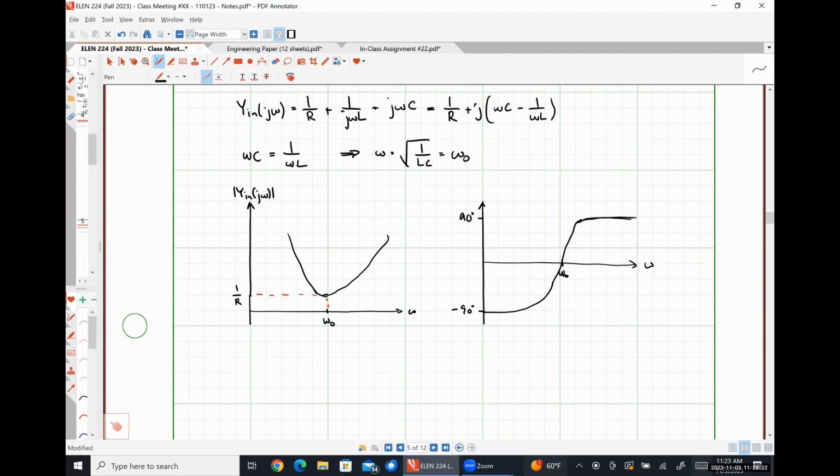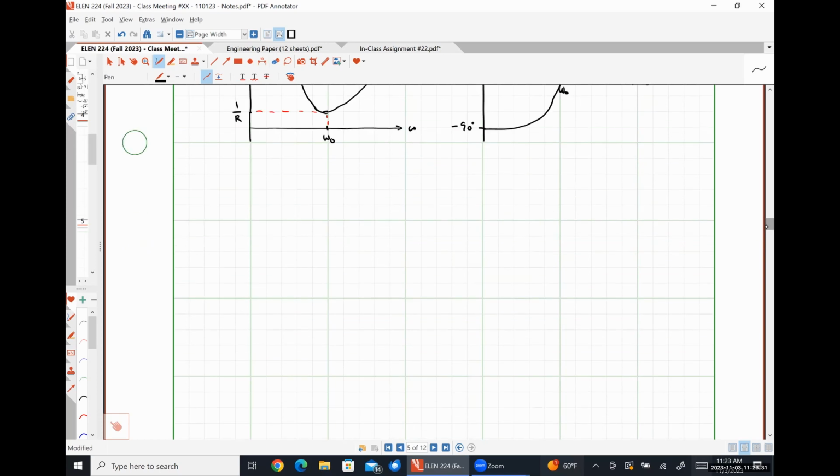Now let's take a moment and derive what our Q factor should be for a parallel RLC network. Okay. We're going to do this very similarly to how we did it for our series RLC network.